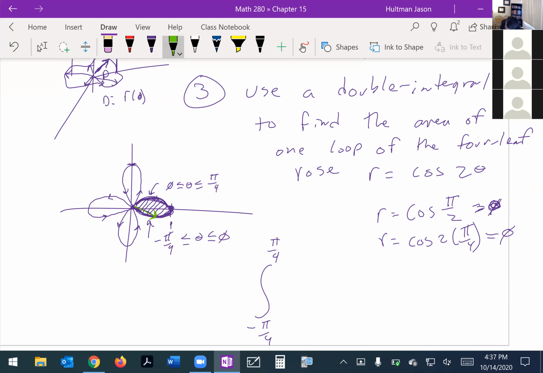It's 0 to cosine 2 theta, because it's not always 1. What's dictating how far out we go? Well, it's the function. So think of it like this.